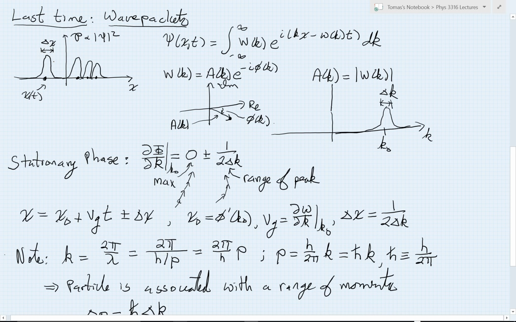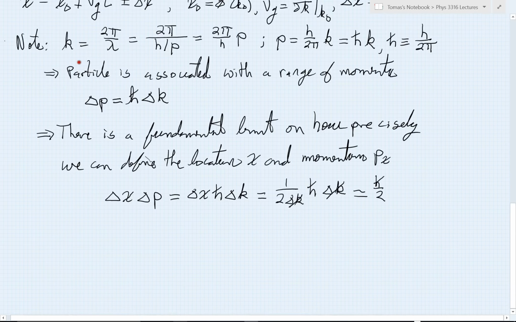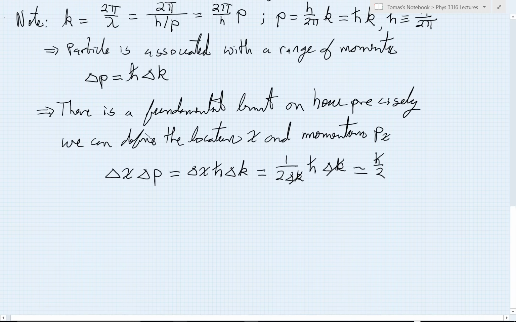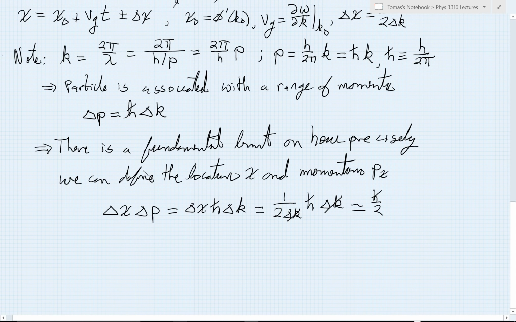That was an arbitrary choice. So this is an order of magnitude description, but it shows you that fundamentally, if I try to make my momentum very well defined, I end up with a very wide spread in my particle, but this product itself seems to be associated with my fundamental constant.